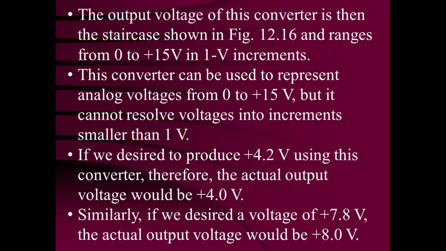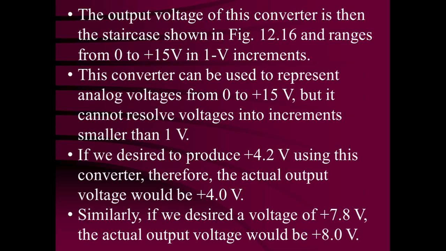So, that is the limitation of this 4-bit system, because you are giving the input voltage of 16 volt and it has a weight of 1 upon 16. If we desire to produce plus 4.2 volt using this converter, the actual output voltage would be plus 4 volt only. Similarly, if we desire a voltage of plus 7.8 volt, the actual output voltage would be near that, plus 8 volt.